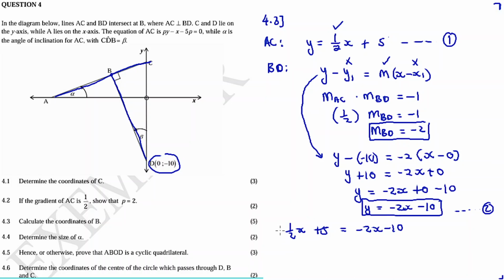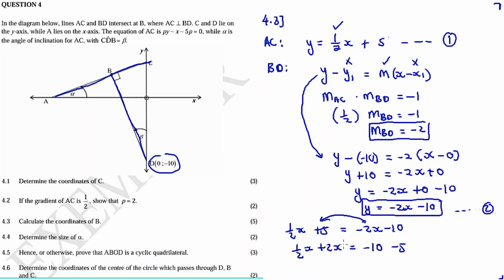Then what do we do? I could get the LCM because we have a fraction. Or you can just bring -2x to this side, then work out your LCM after you have grouped like terms. I think it's quicker this way.